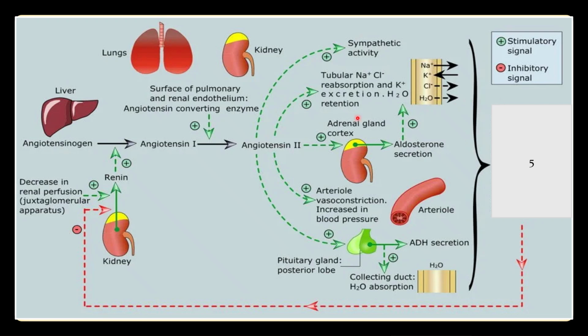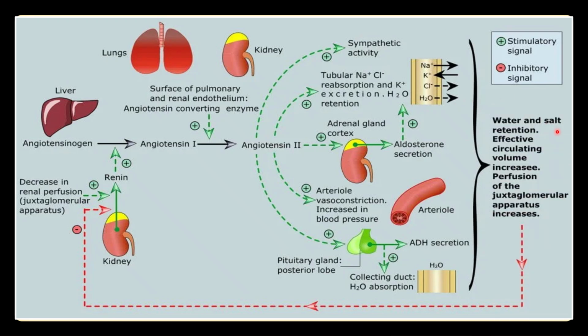With all these effects, the effective circulating volume is going to increase, which is going to increase the perfusion of the juxtaglomerular apparatus. So it will now stop the renin production. It is now very clear: whenever there is decreased perfusion to the kidney, renin will be produced.